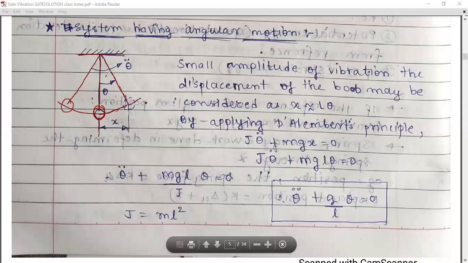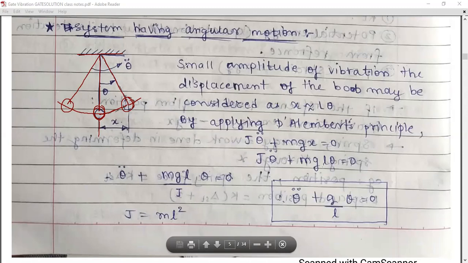Yes or no? Right? So at this particular position, when you displace it, always remember what forces are acting on the displaced position, and on that basis we are going to define the equation of vibratory motion. Yes? Okay.